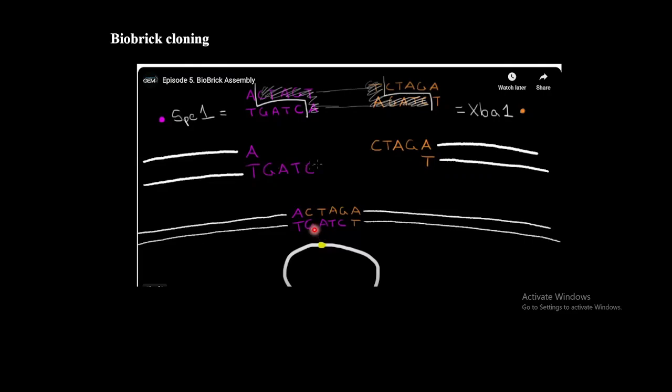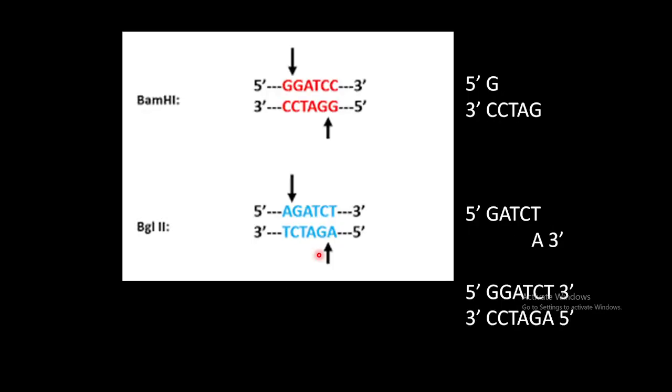So in this case also you can say T is not here, so it will not be recognized by XbaI either. Therefore the scar sequence, which is here denoted by the yellow spot, is going to be produced. And this technology you can use whenever you are doing multiplex cloning or you have multiplex sgRNAs.